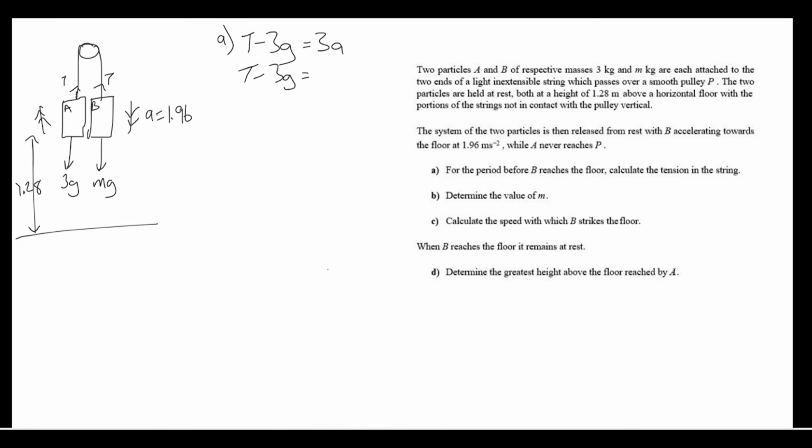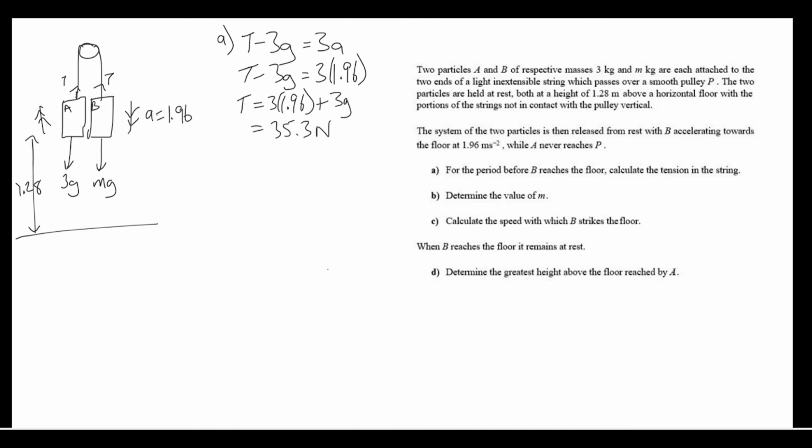I know that the acceleration is 1.96. In this system with connected particles, both particles have the same acceleration and the same velocity all the time while the system is intact. So this is going to be 3 times 1.96. I can just do some rearranging to find a value for T, and we get 35.3 newtons.